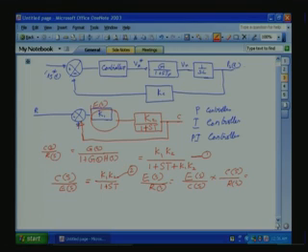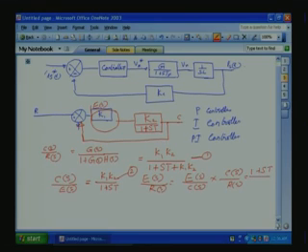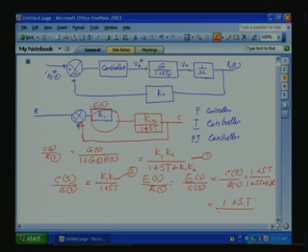It will be equal to 1 plus ST divided by 1 plus ST plus K1 K2.